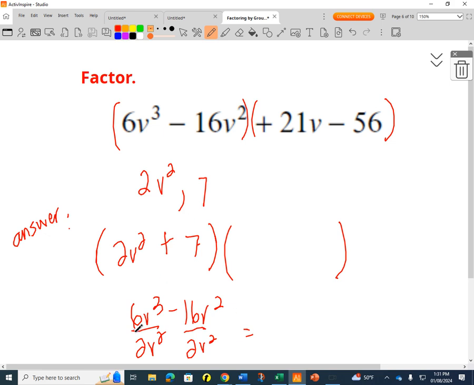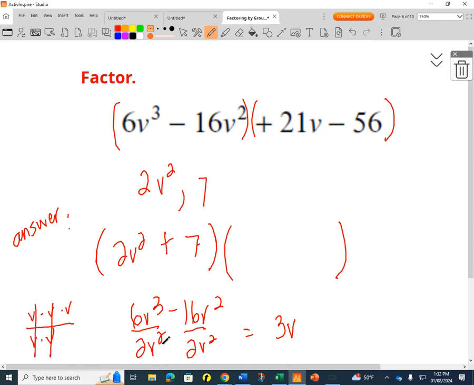Now what's 6 divided by 2? 3. What's b cubed divided by b squared? B, right? Remember, if we have b times b times b, that's b cubed, divided by b squared, b times b. These would cancel, right? Or you can subtract them.